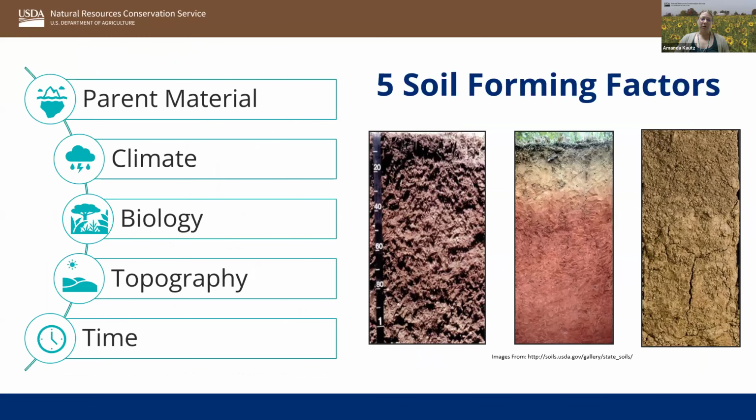So soil is formed by a series of five factors, and these factors are going to influence a lot of the properties of our soil. So it's important to understand what goes into making a soil. The first thing is your parent material, which is what is broken down to make your soil. In Indiana, we have two types of glacial, because Indiana has been glaciated multiple times in history, and things have been dragged and pushed around and moved.